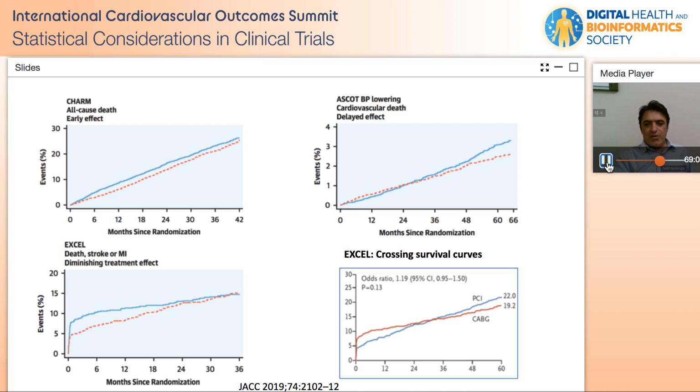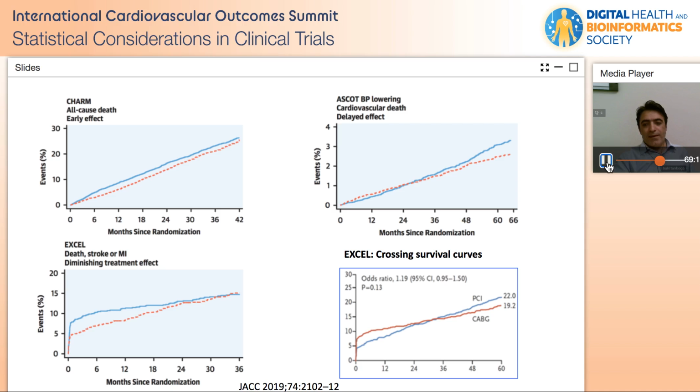Although crossing survival curves are typical for non-proportional hazard, this is not the only finding that indicates its presence. Other scenarios may also be associated with non-proportional hazard.